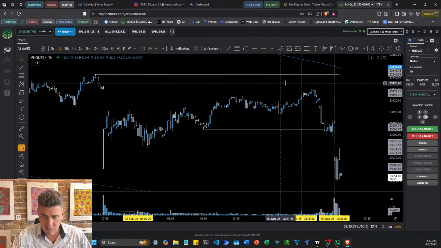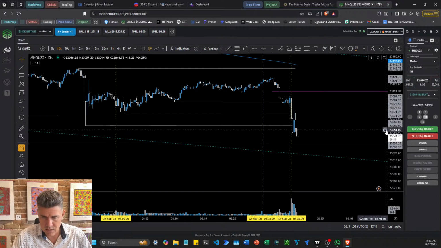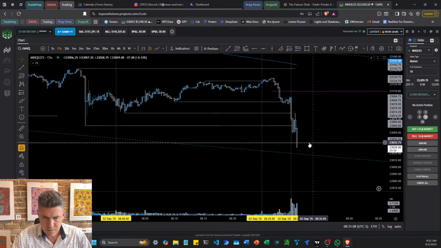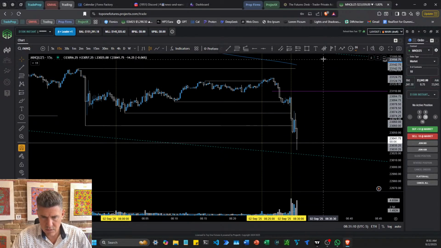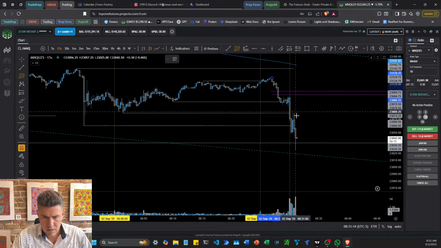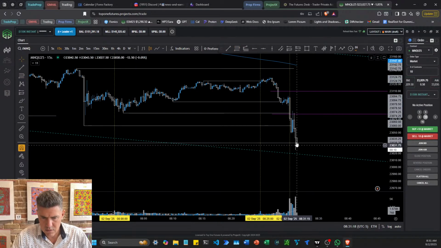So here it's looking like we have pretty clean downward momentum. See how this reacts here. News at 10. So this is interesting.